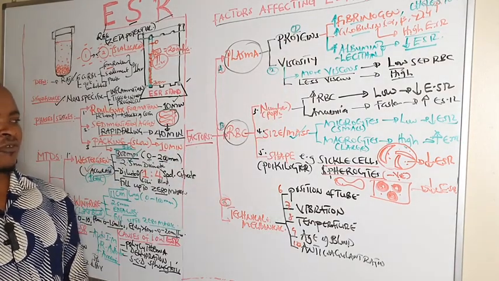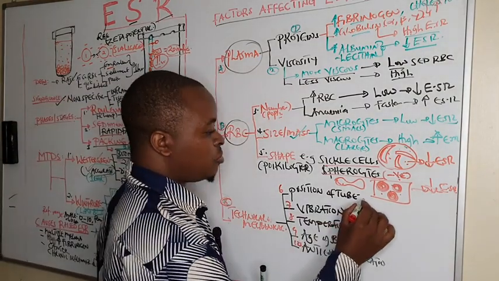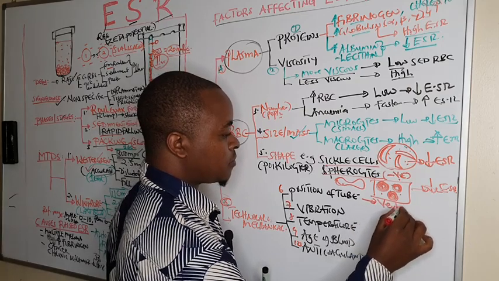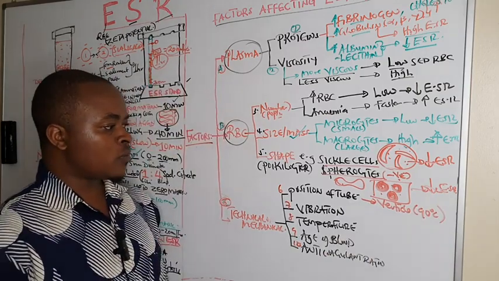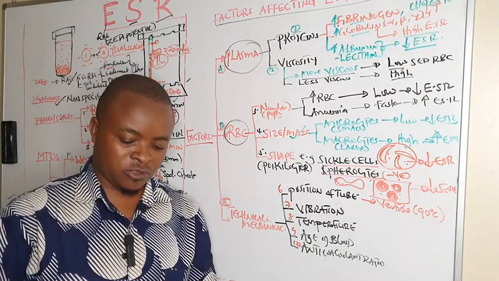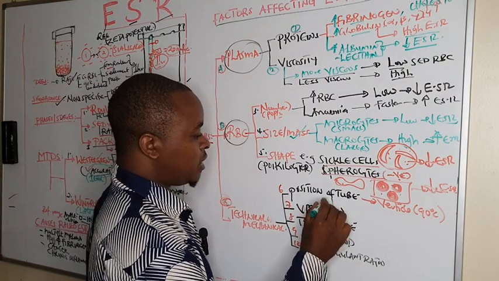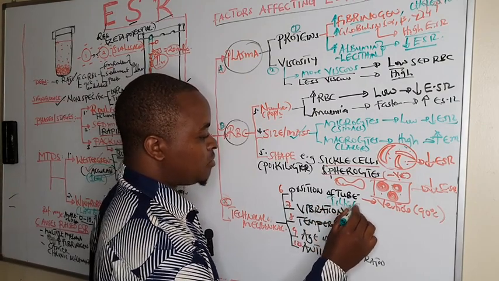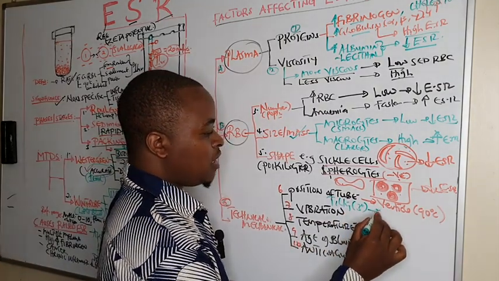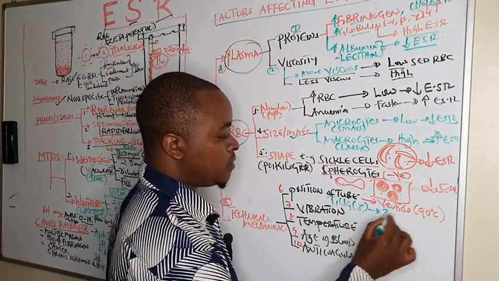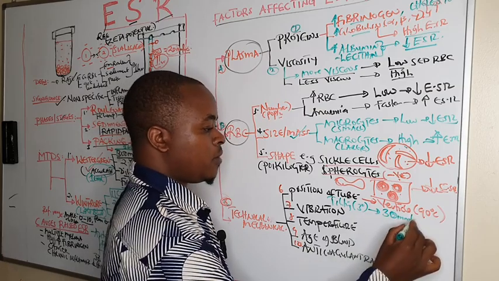How does the position of the tube affect? Ideally, the tube should be vertical, that is at 90 degrees without any bend. If the tube is tilted, by a mere tilting by 3 degrees, this causes elevation of ESR by 30 millimeters per hour.